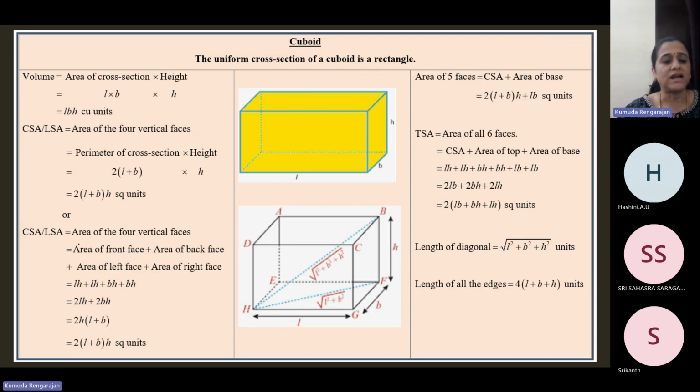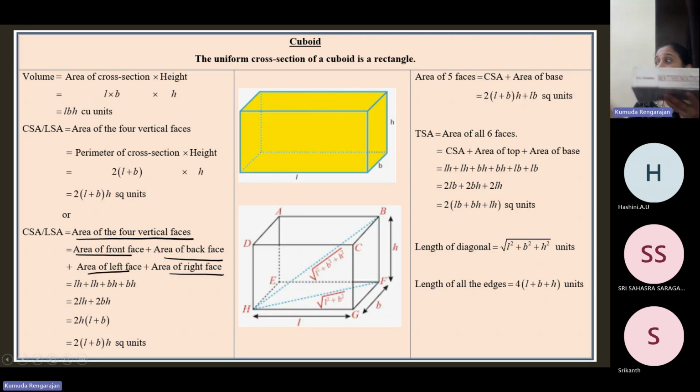Now you can also understand lateral surface area by taking the faces separately. Okay, so see this book. I'll just show you this. What's the other way of understanding this formula? It's the area of the 4 vertical faces. So it's the area of the front face plus the back face plus the left face plus the right face.